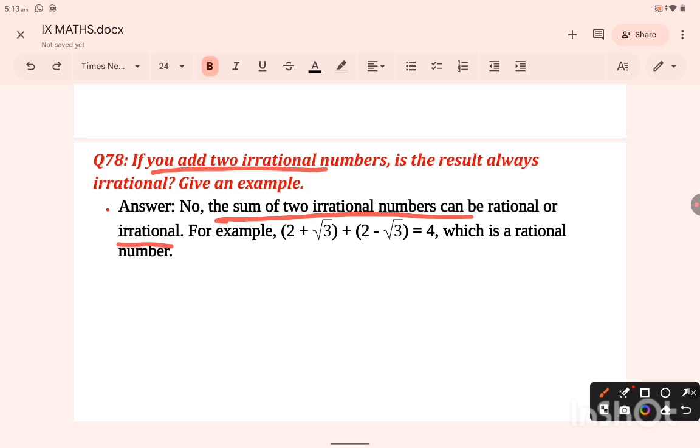For example, 2 plus root 3 plus 2 minus root 3 is equal to 4. Here 4 is a rational number. So the sum of two irrational numbers gives a rational number sometimes, and sometimes it gives an irrational number. Therefore it is not always true.